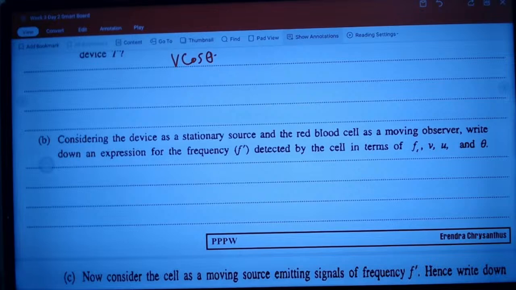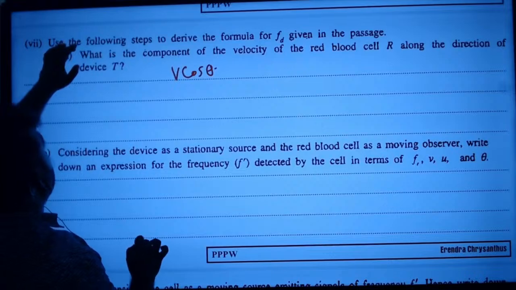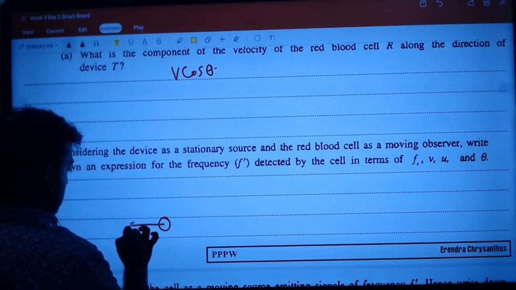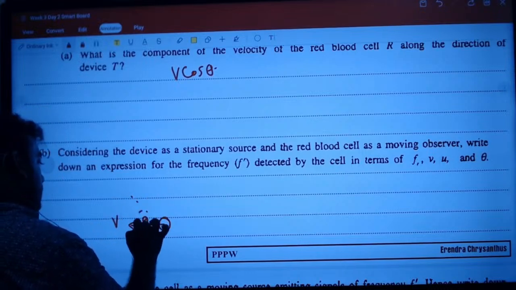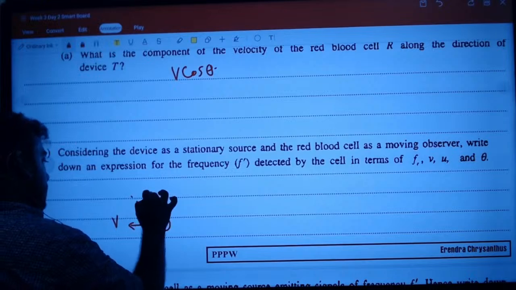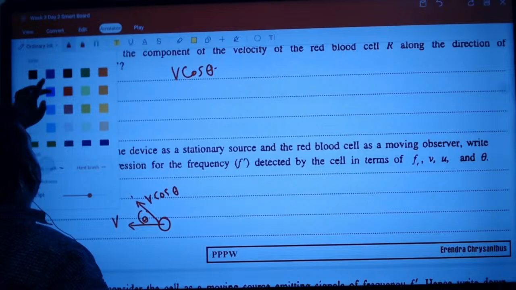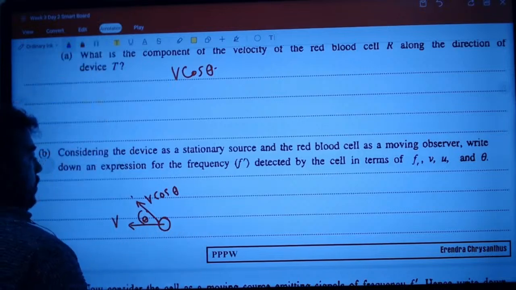Write the expression for the frequency detected by the cell. Right. The cell is the observer. Here the velocity is V cos theta. Now this is your observer.